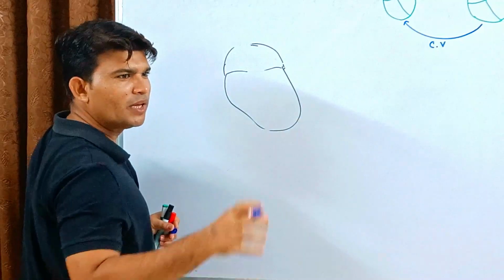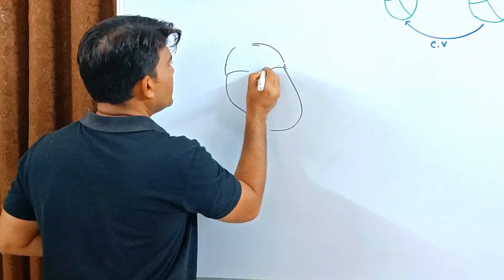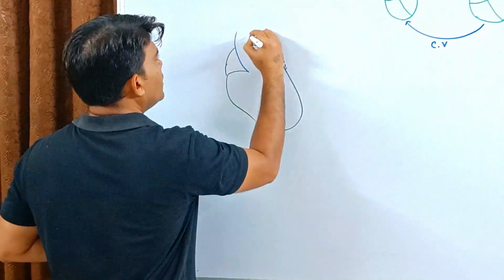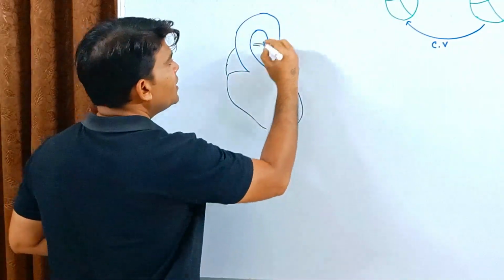From the left heart, the big vessel, the aorta, right? Suppose this is the aorta, the ascending arch of the aorta, and then after that the descending, like that.